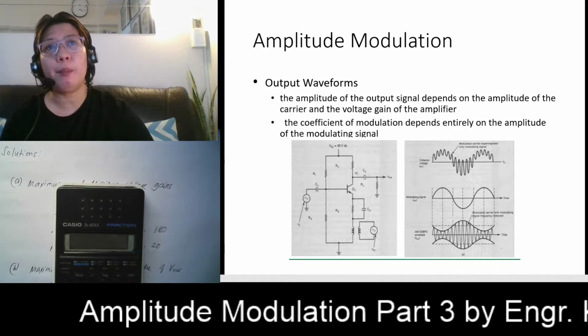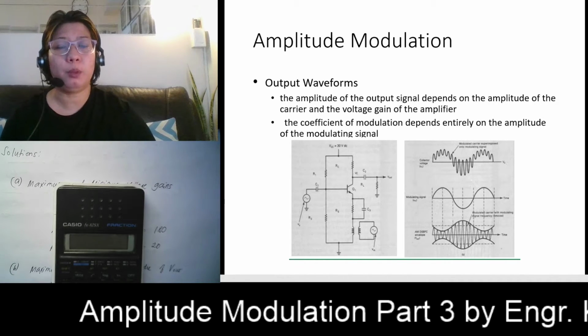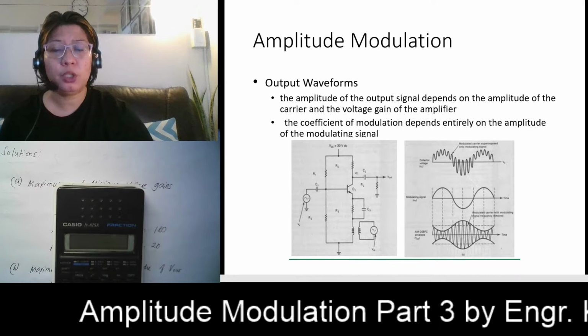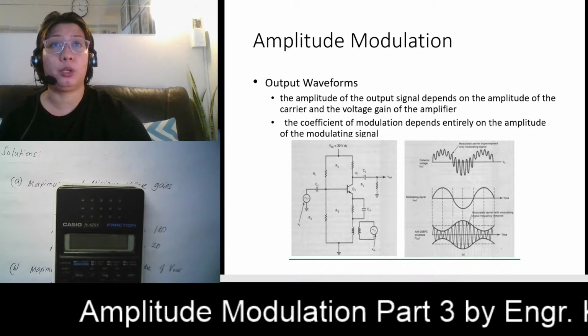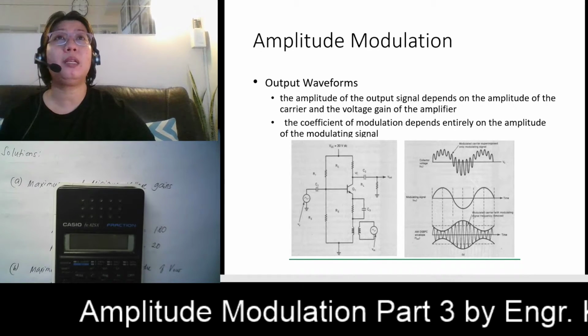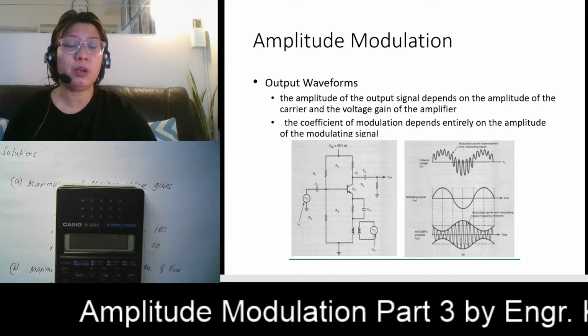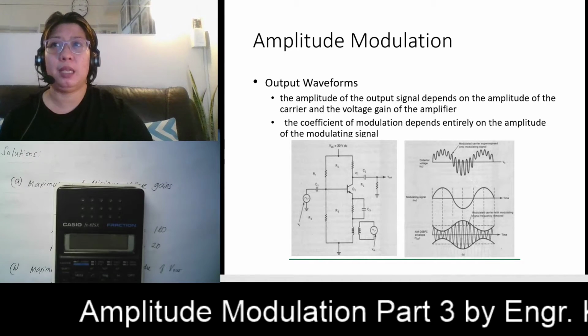Why? Because in a class A amplifier, we are limited to a very small part of the active region. So technically, we are just using this for low power applications. The circuit is very simple; however, it has the disadvantage of being inefficient and incapable of producing a high power output waveform because it is operating in class A.